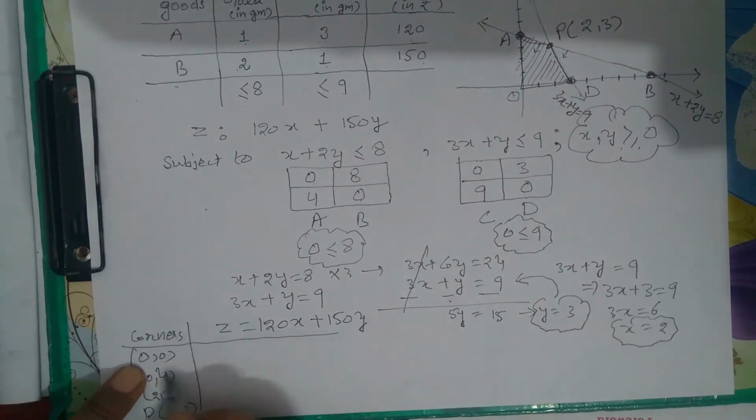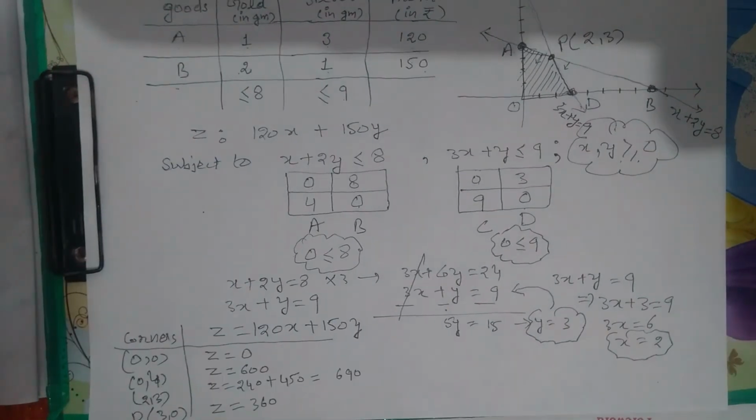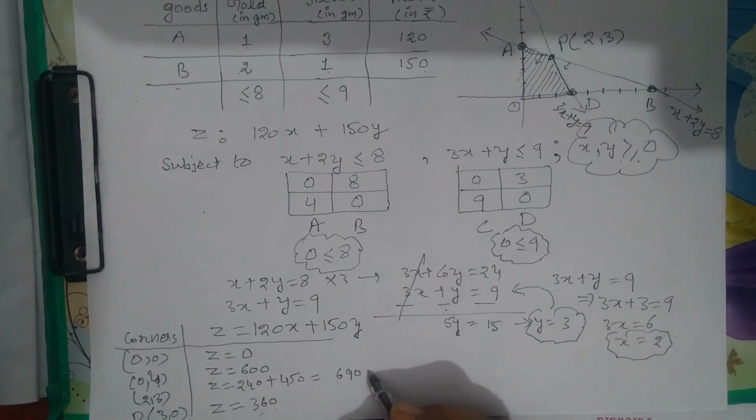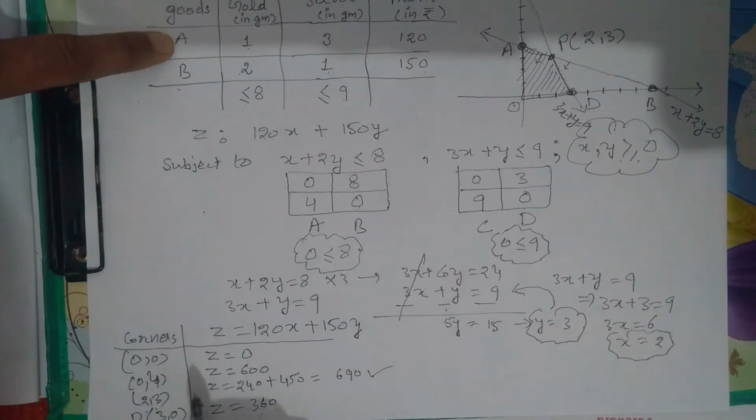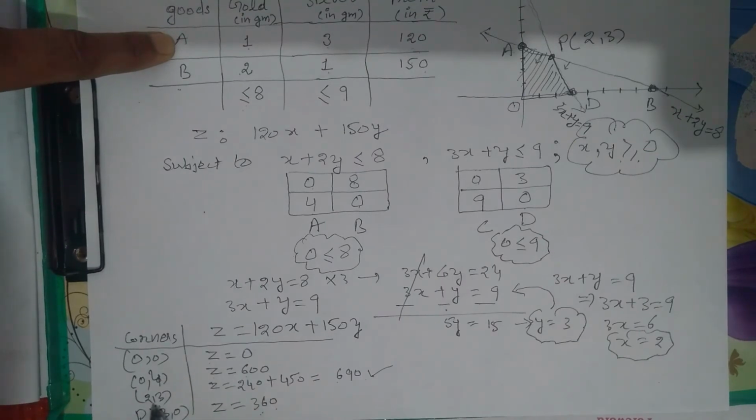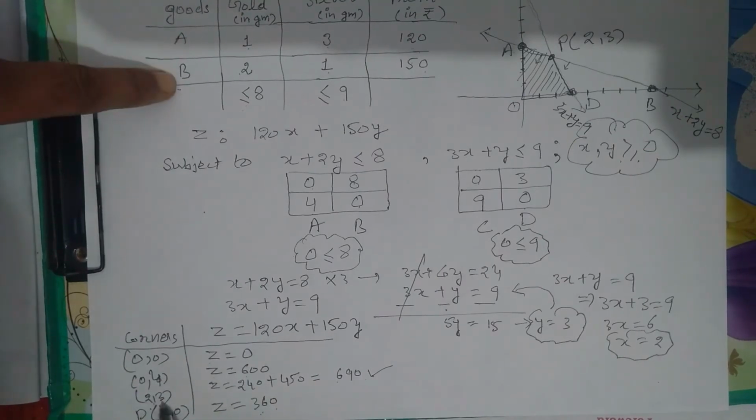Substituting the values in this function, we get Z is equal to 0, Z is equal to 600, Z is equal to 690, Z is equal to 360. So Z is equal to 690 is the maximum value. The maximum profit is obtained when x is 2, y is 3. Here x means the number of units of A. So if 2 units of A and 3 units of B are produced, then maximum profit is obtained.